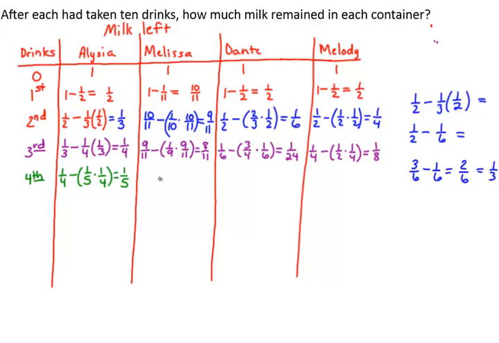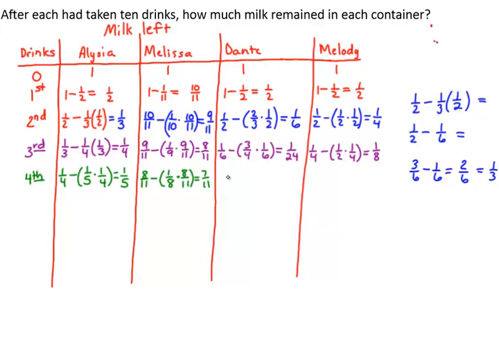Okay, then for Melissa, after we drank 1/9 of what was left, we're going to drink 1/8 of what was left. So we have 8/11 minus 1/8 times 8/11, and we get 7/11. I hope we could start seeing a pattern so far.